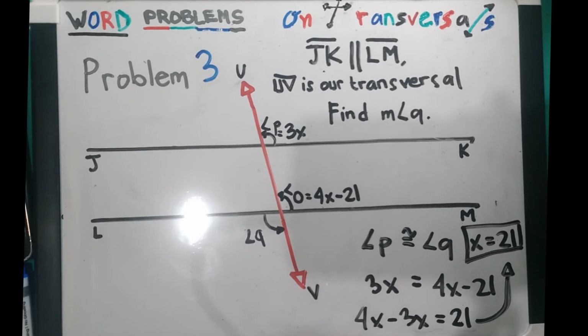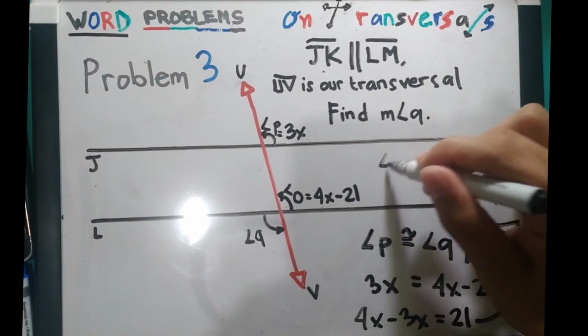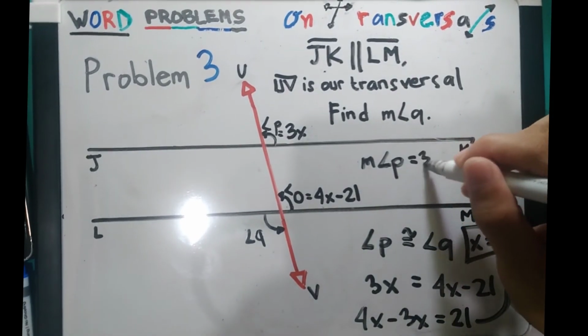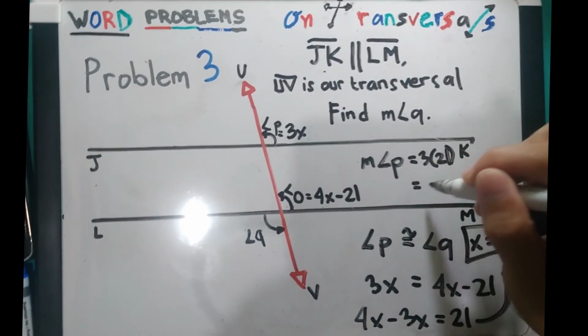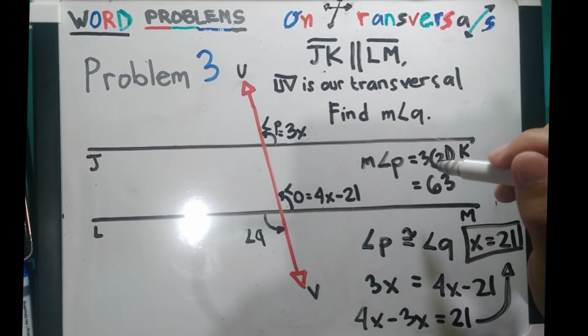Now that we have found the value of x, we are going to substitute x to both of the algebraic expressions. So the measure of angle P will be equal to 3 times 21, that would be 63. So angle P is equal to 63 degrees.